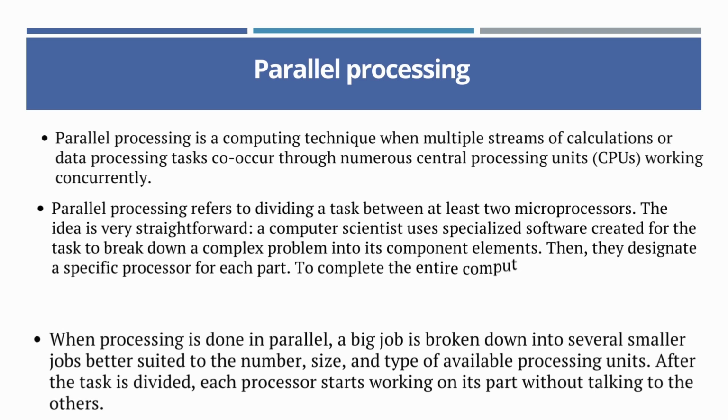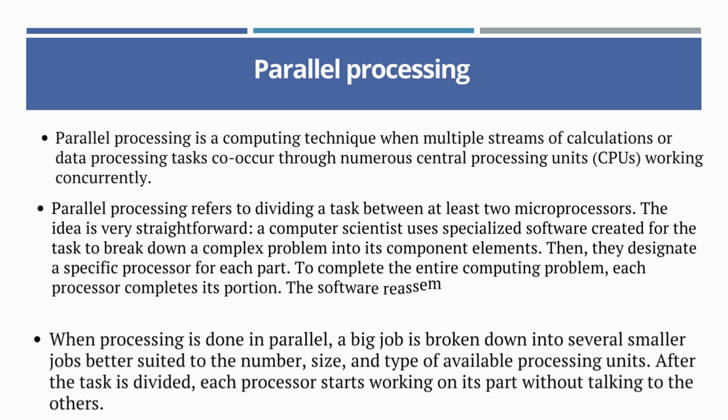Here, a computer scientist uses specialized software created for the task to break down a complex problem into its component elements. Then, they designate a specific processor for each part, so as to complete the entire computing problem. Each processor completes its portion, and the software reassembles the data to solve the complex initial challenge.